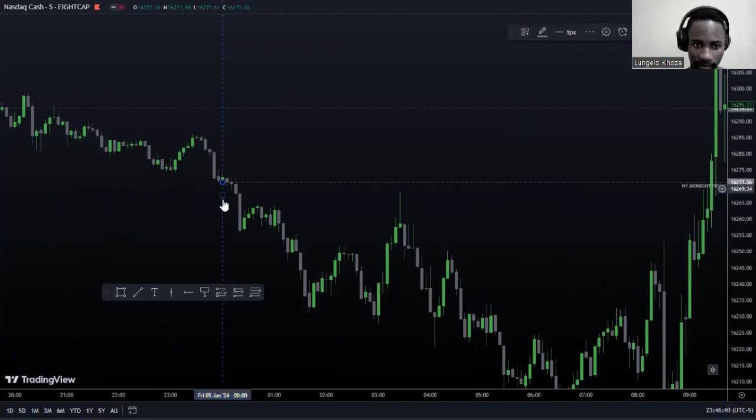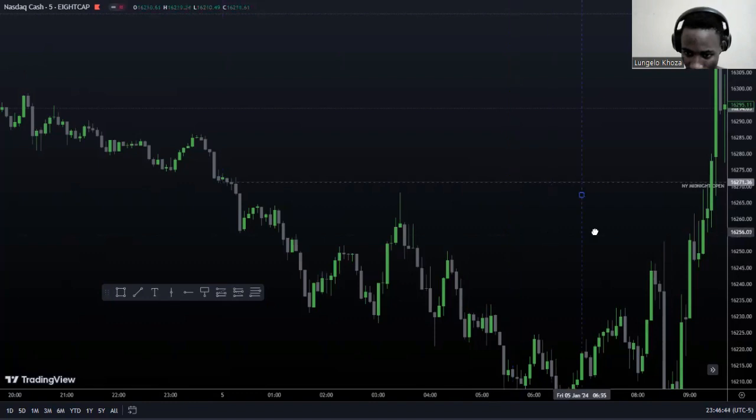New York midnight open. Then we're going to go to a New York morning open.